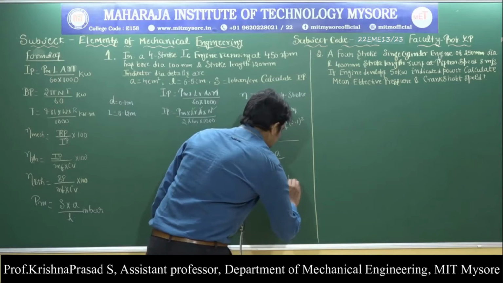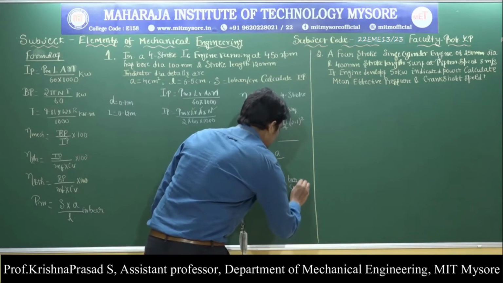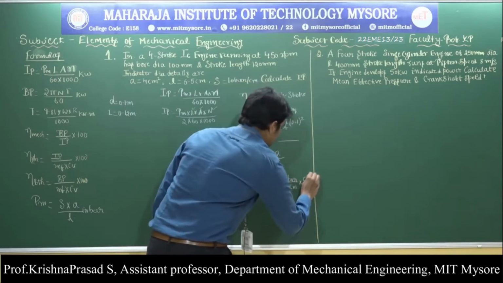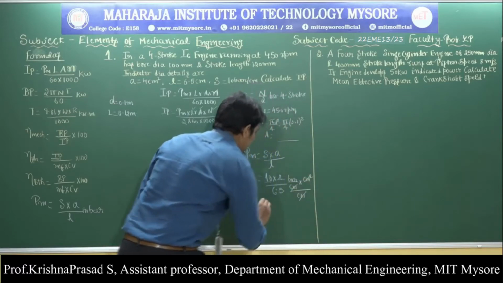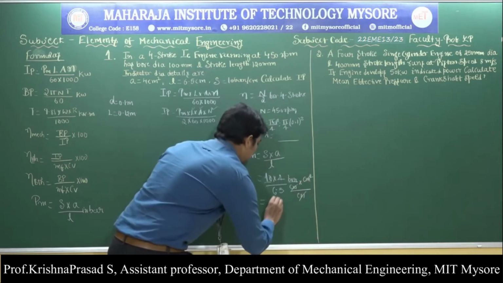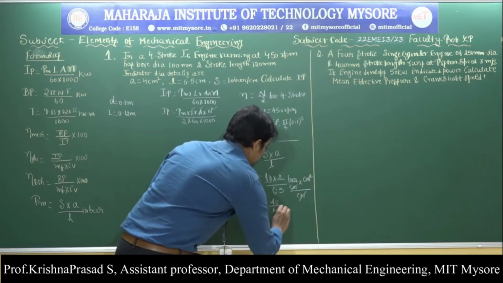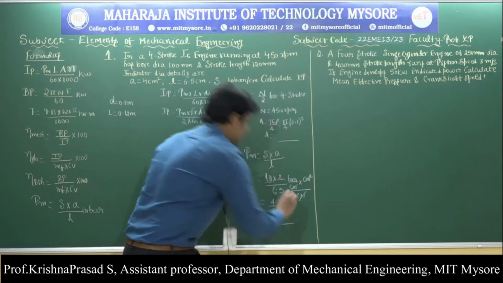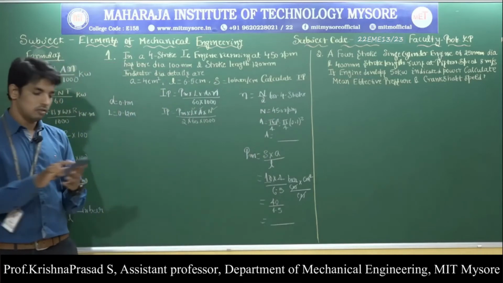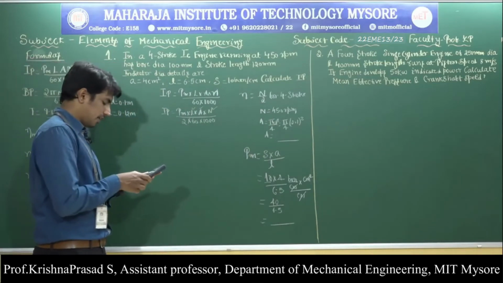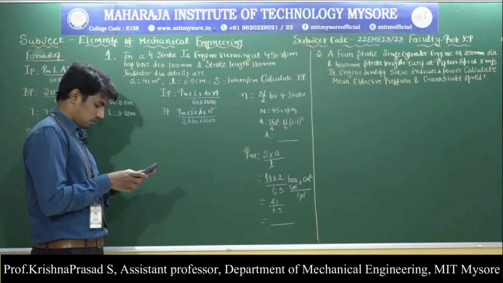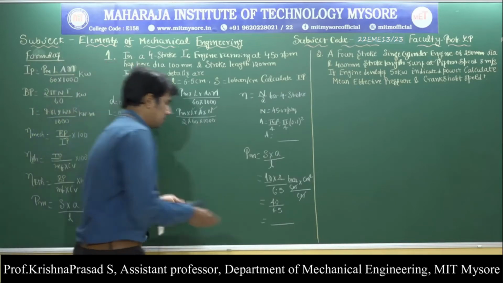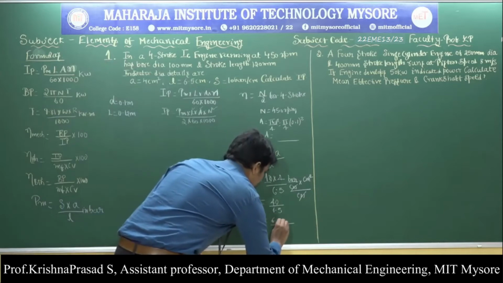Here S is bar per centimeter, area is centimeter square, and length is centimeter, so the units cancel, that is 40 by 6.5. That will be equal to 6.15 bar.